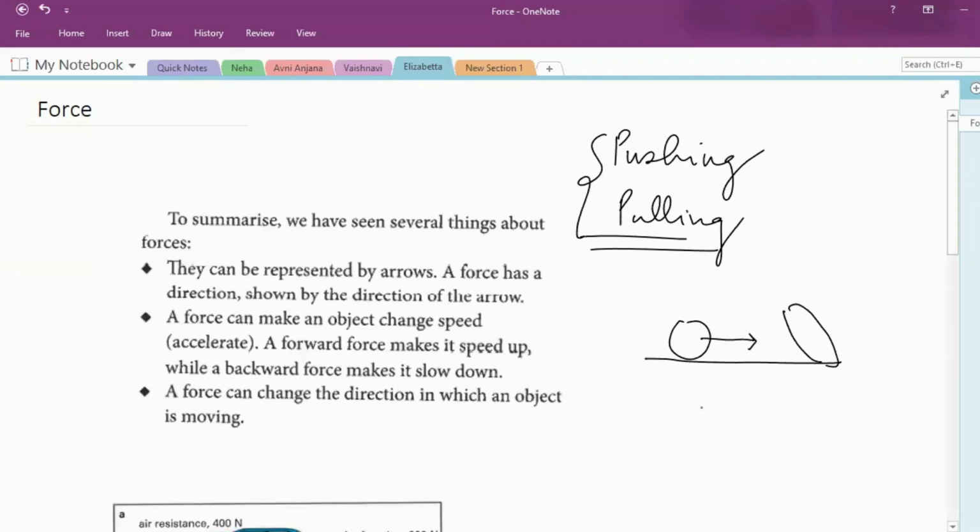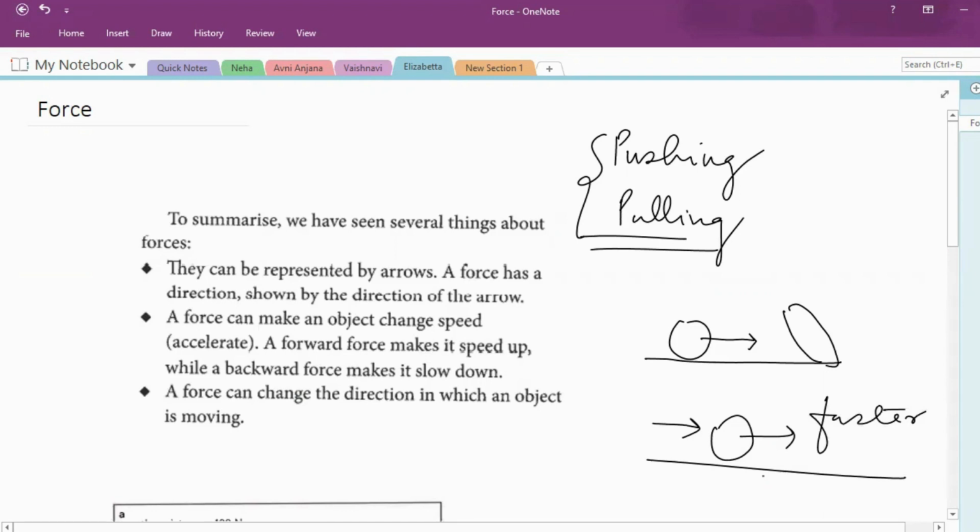I'll give you one more situation wherein there was a ball that was already moving in this direction. Suppose you apply a force in the same direction, what will happen? It'll go faster. Very good.